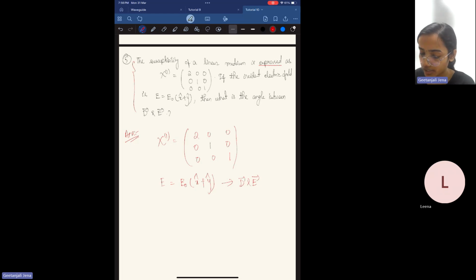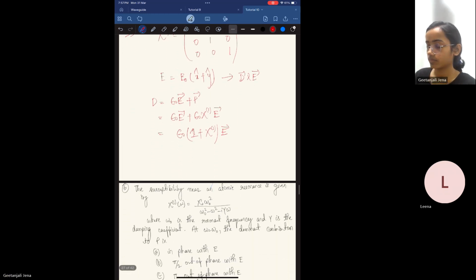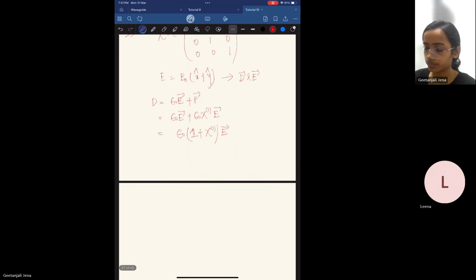And it's a linear medium, that means we can write D is epsilon naught E plus P. For a linear medium, we have P is epsilon naught chi1 E, so D is epsilon naught (I plus chi1) E. And what is I here?